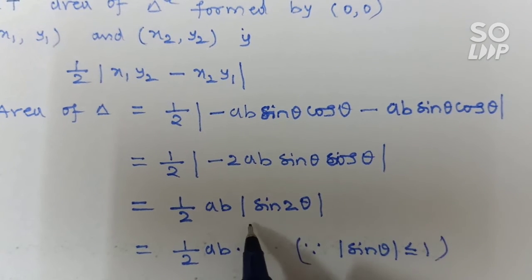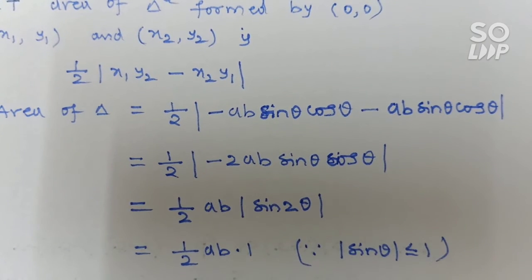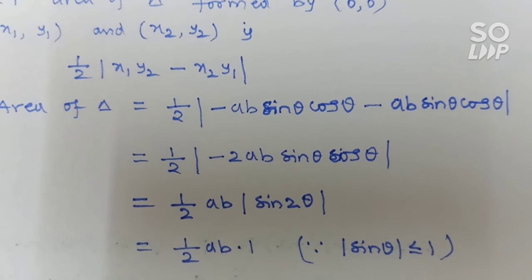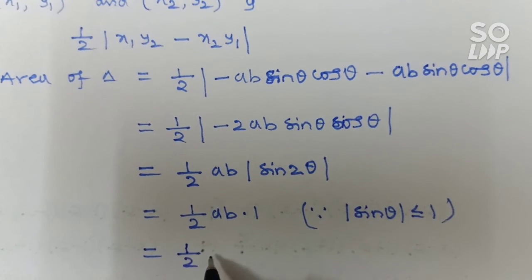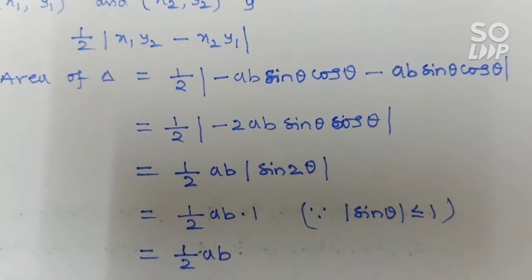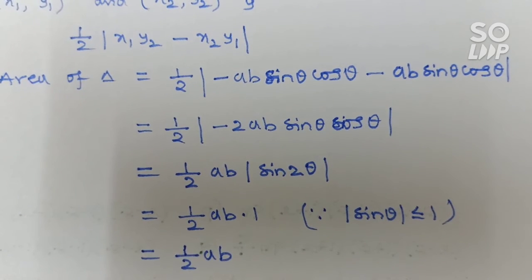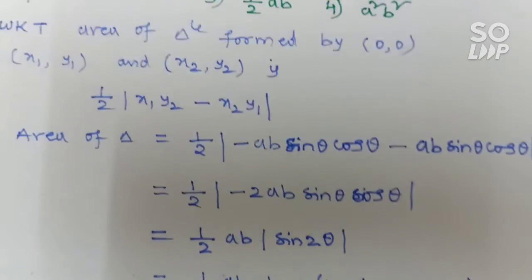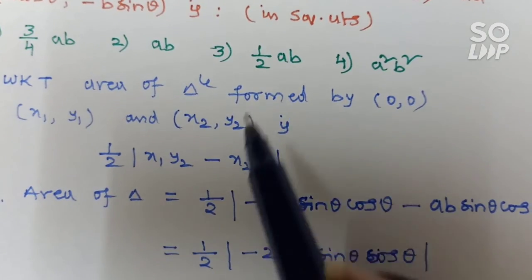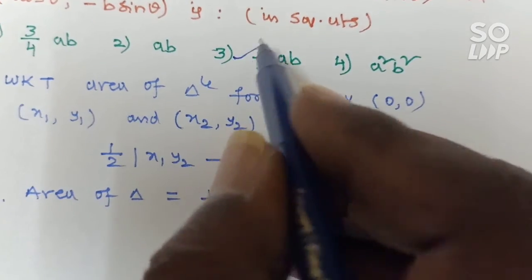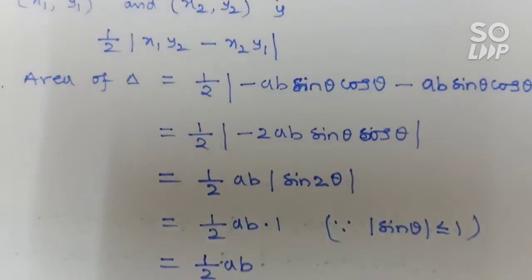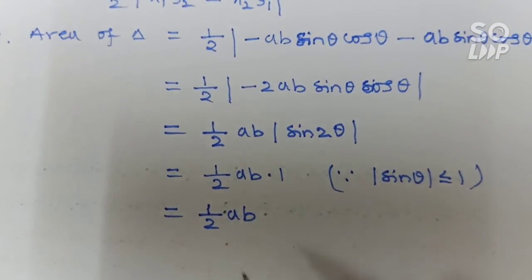So the maximum area of the triangle is half into ab. That is the correct answer. What is the correct option? Option 3 is the correct answer. So this is the solution of this problem.